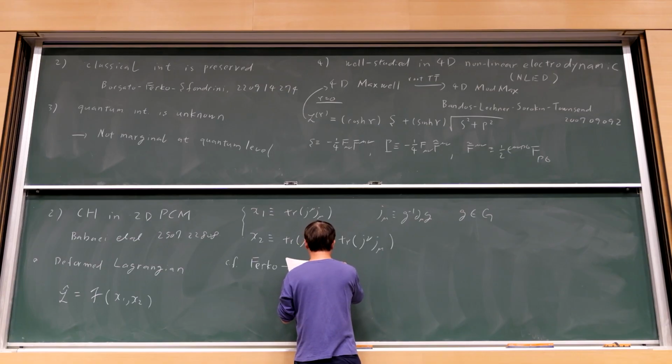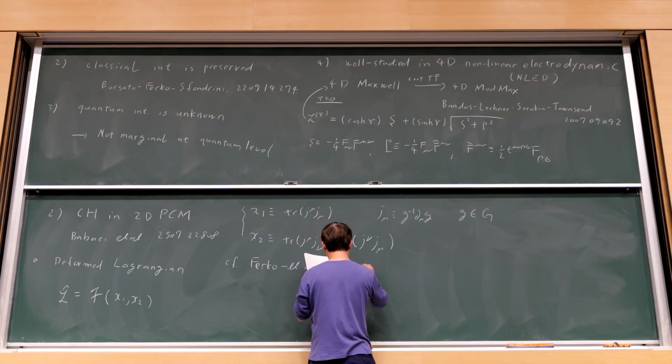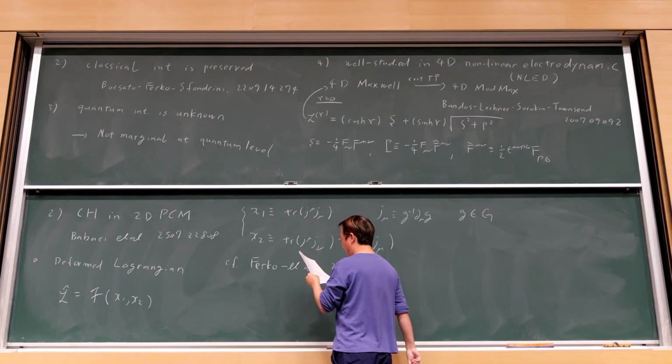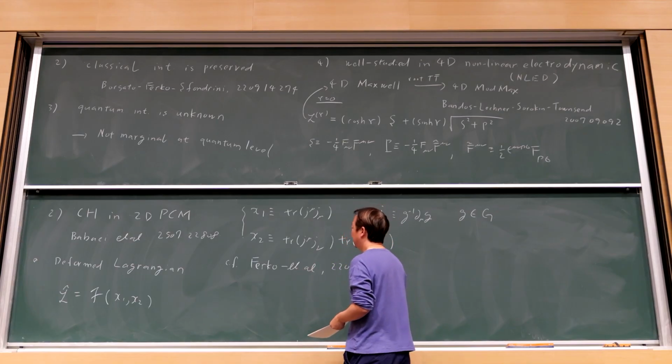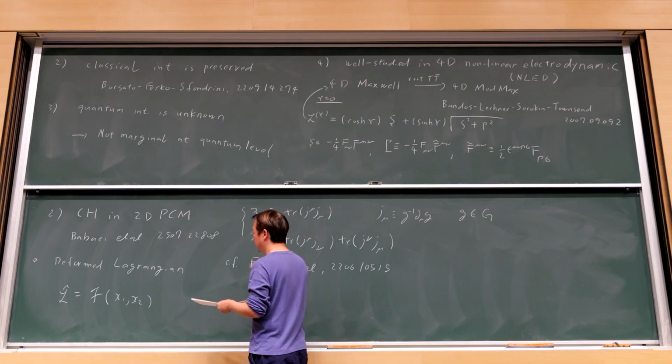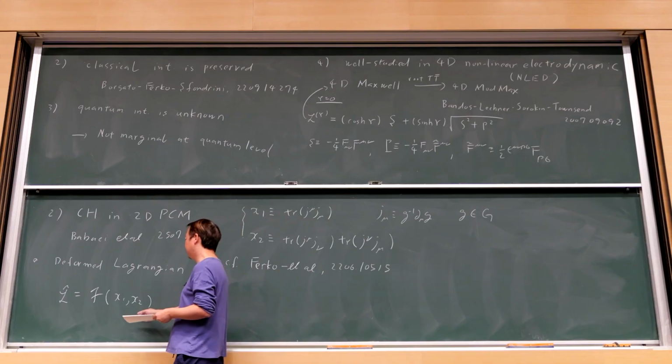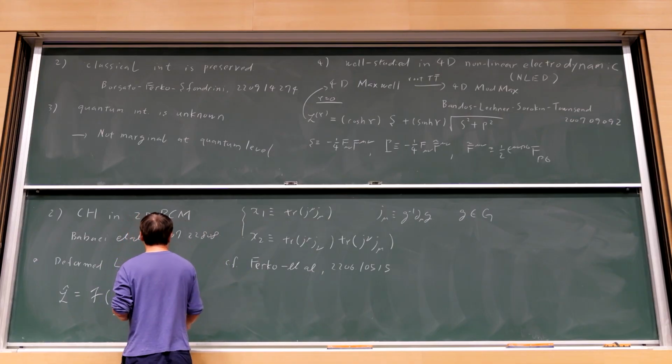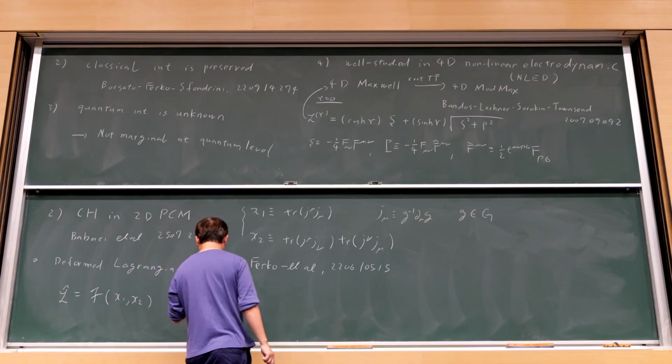So this is the paper. Anyway, it is very useful to use these variables. So the deformed Lagrangian is written as a function of x1 and x2 like this.